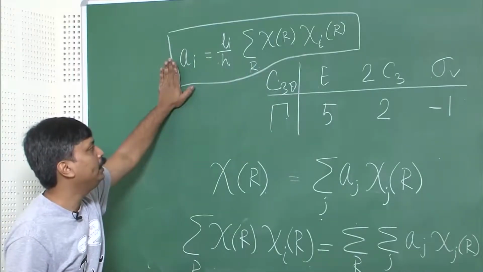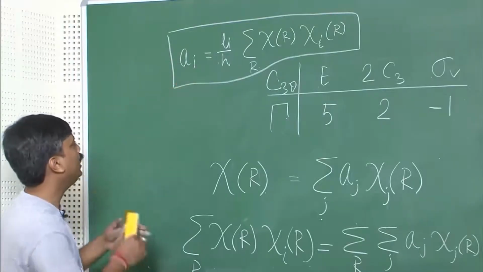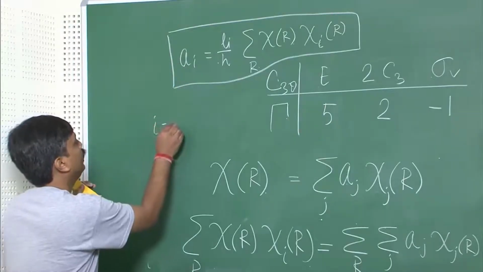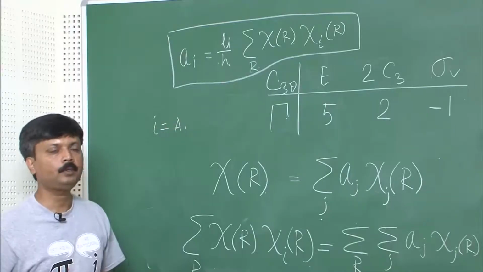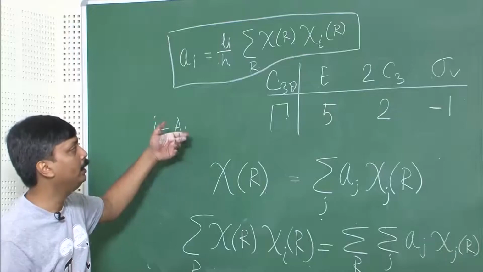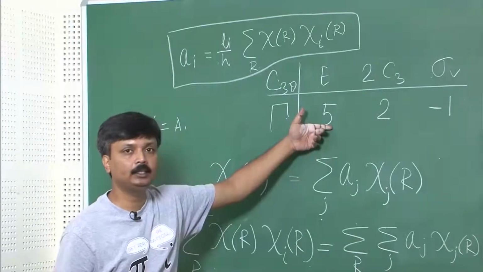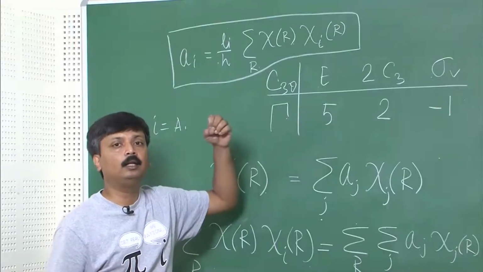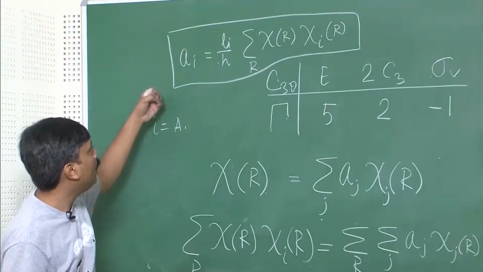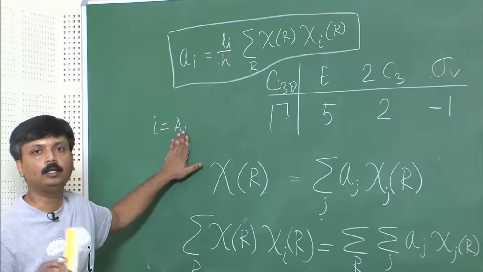It will exactly tell me how many times, suppose if i is equal to A1, then it will tell me how many times A1 will occur in this representation. In other words, if I reduce this, then A1, a number of times A1 will occur.